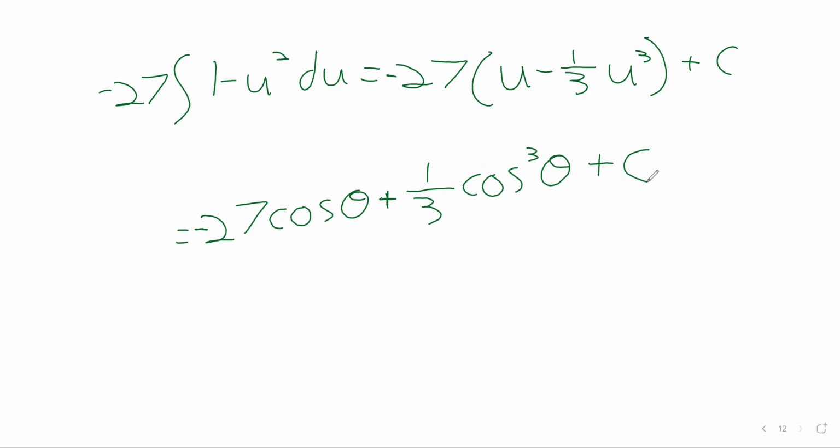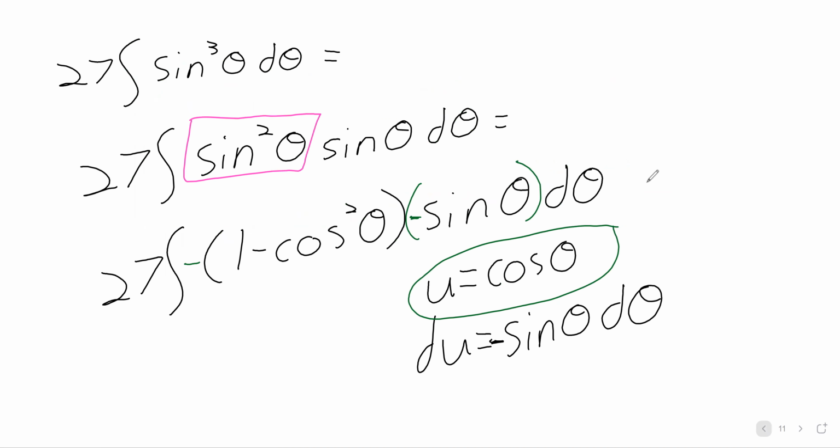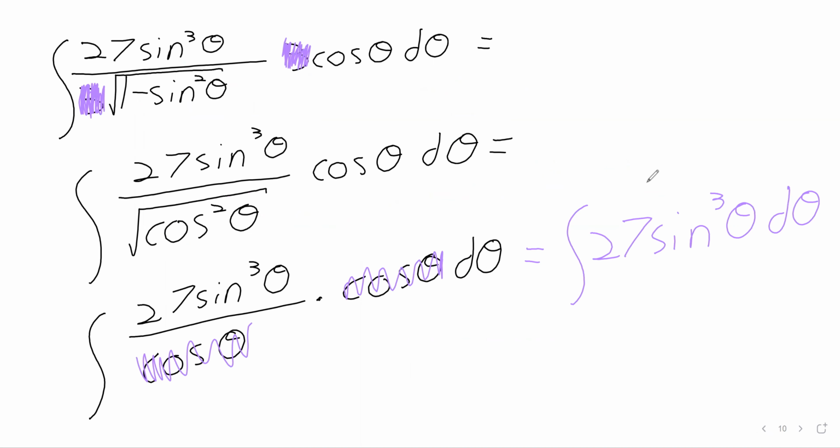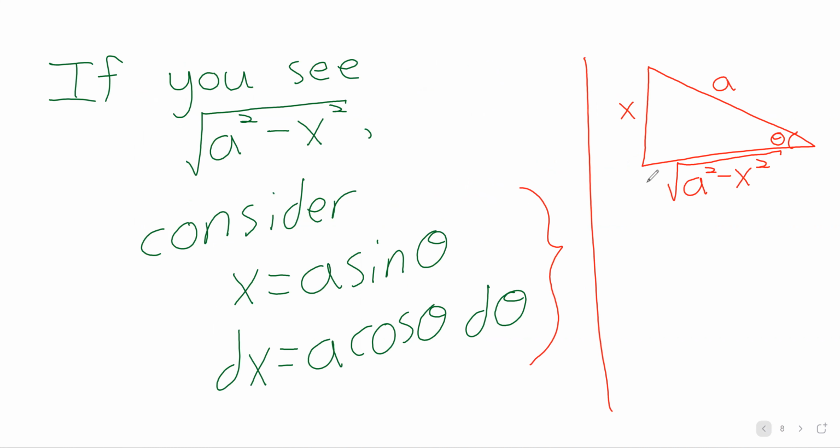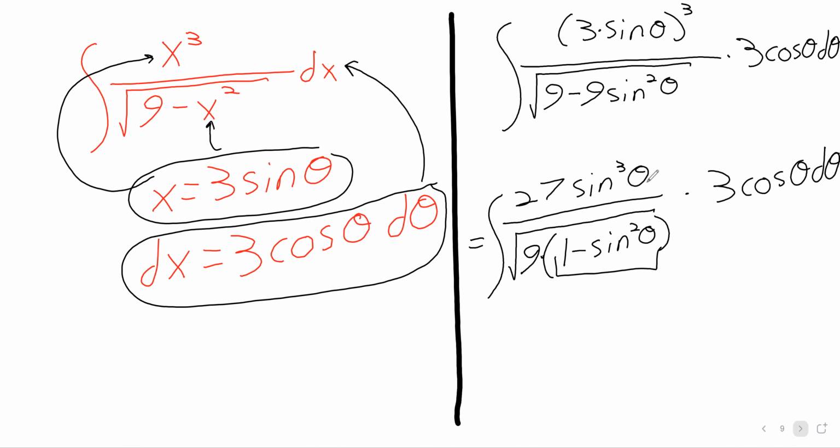So what's the cosine of theta? Well, what was theta in the first place? We know what the sine of theta is. The sine of theta is x divided by 3. What we don't see is anything involving the cosine.